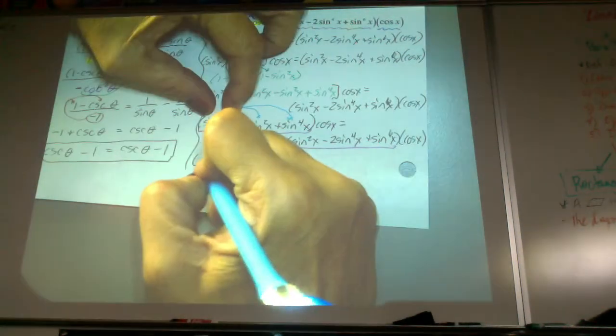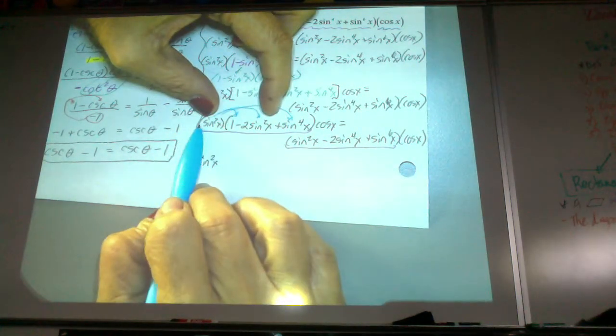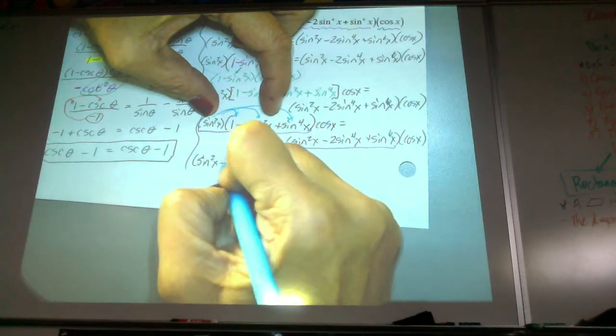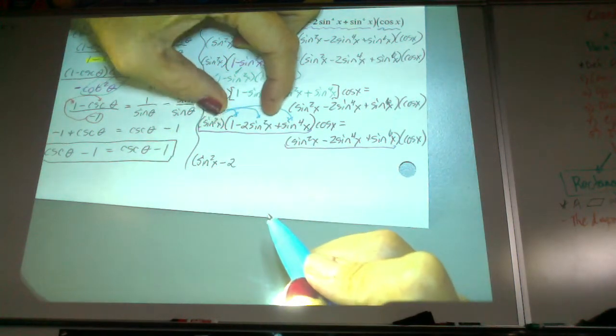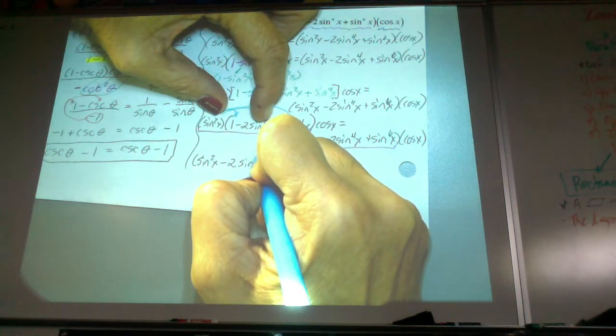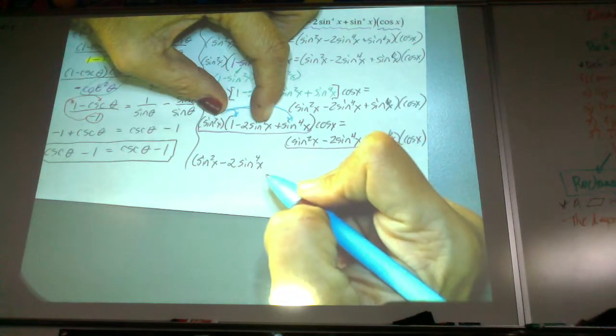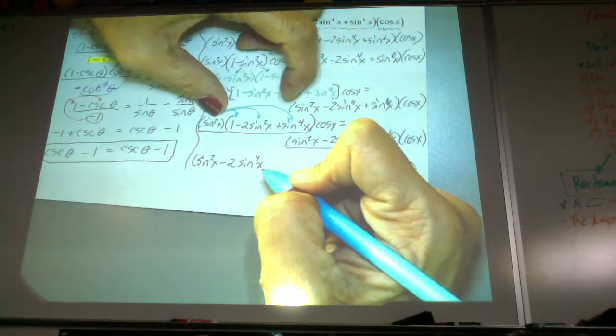Sine squared times 1 is sine squared of x. A positive 1 times a -2 as your coefficients gives you a -2. And then sine squared times sine squared gives you what? Sine to the 4th x. And then what is sine squared times sine to the 4th?